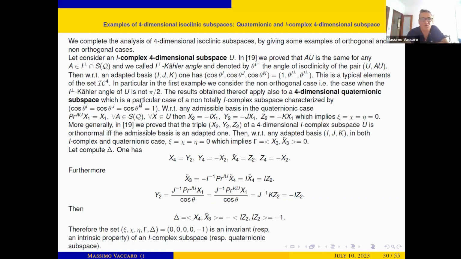In this case, we proved that, of course, JU and KU are exactly the same thing. And so the principal angles are exactly given by U and IU, which are the same. So the principal angle is 1.